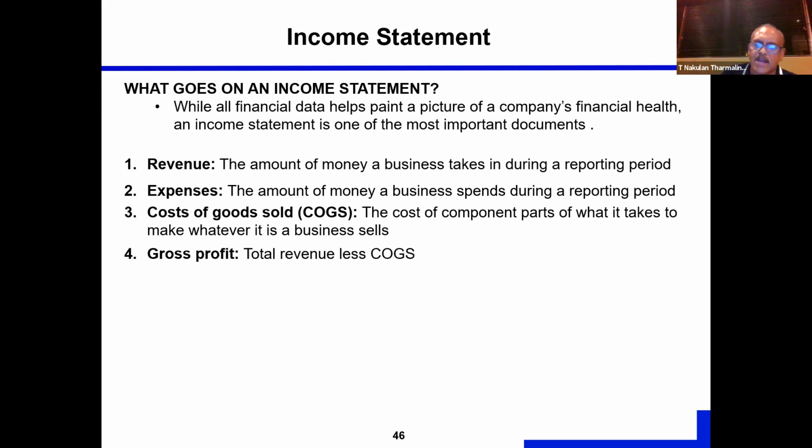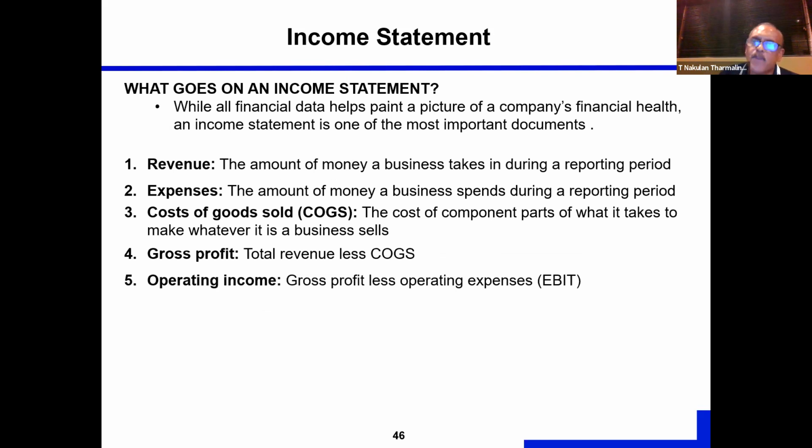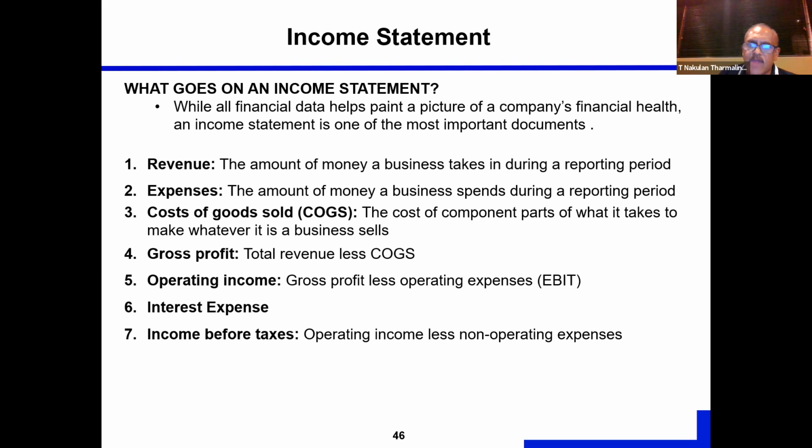Then you have operating income, which is gross profit less all kinds of operating expenses. Then you have your interest expense, and then income before income taxes. You will have to pay taxes. After paying your taxes, you will have net income, which is normally called net profit. That's how it is.